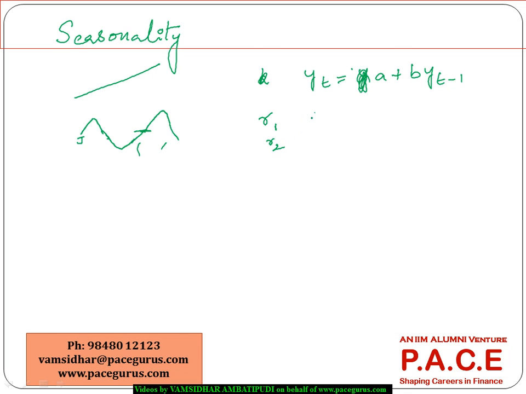You find the correlations up to a lag of 12 or so if it is monthly data, or try out different kinds of lags, and then divide by the square root of 1 by t, which is the standard error in this case. Use that to find the t values and see whether any of these autocorrelations are statistically significant.